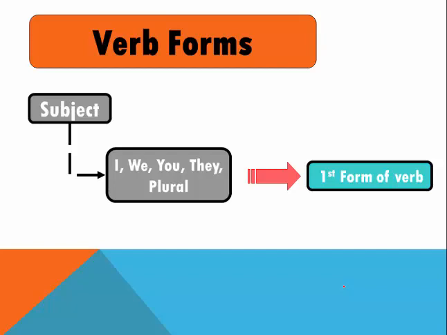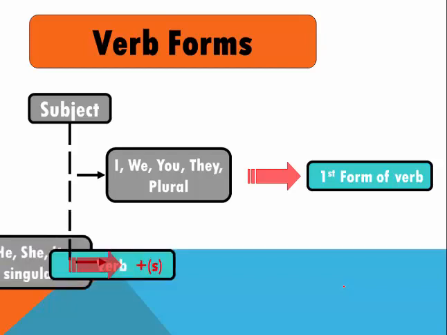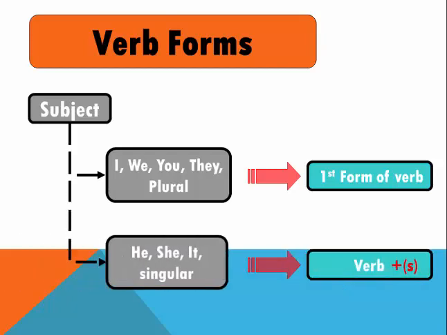When you talk about the form of the verb, we must know that in a sentence you will find a subject and a verb, and these two are very important. Verb is the more important. Without a verb, we cannot form any sentence. And subjects are also very important.